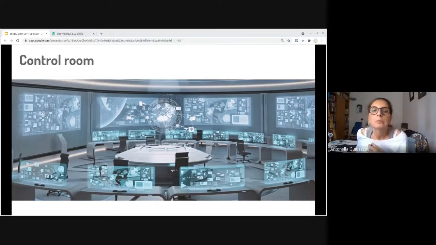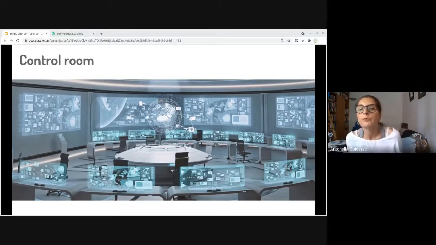And so I think it's quite normal now to imagine and implement also in a museum or for a large cultural digital site or environment, control rooms starting from a 3D interface.